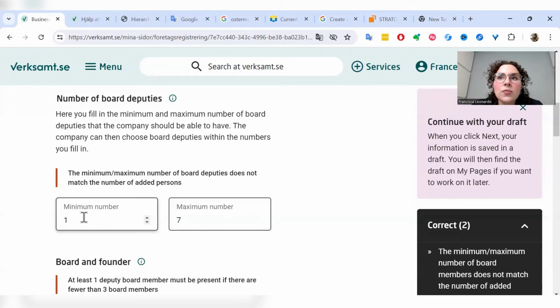For example, if your company has fewer than 3 members, you need a deputy member, because if 1 person is missing, there's 2, and if the 2 conflict on what they want to do, so 1 person is saying yes, go, and the other person is saying no, then we need a tiebreaker, and that's why we need a 3rd person. So if this 3rd person gets sick, then we need a deputy board member. We need someone to come for the meeting just to replace them, to be the tiebreaker if there's a tie.